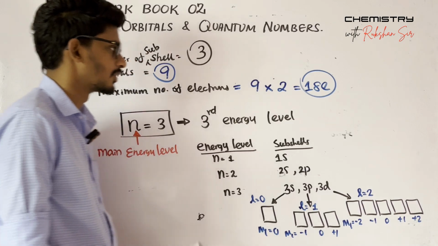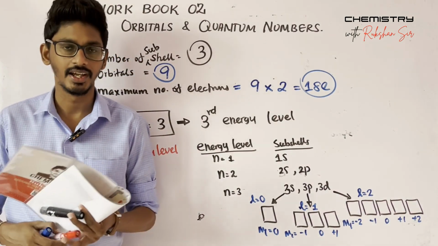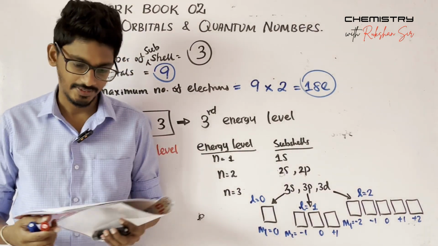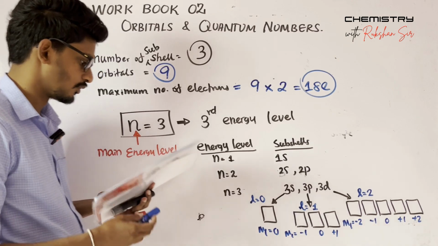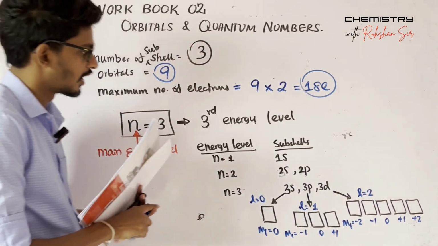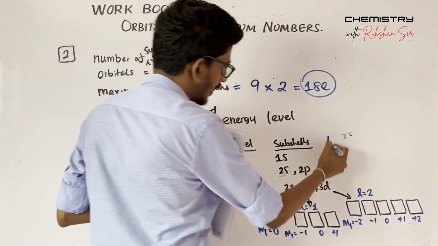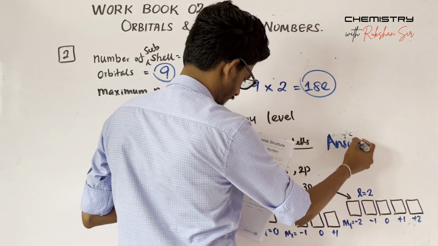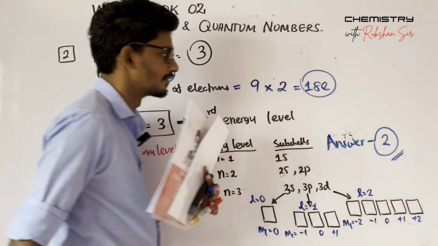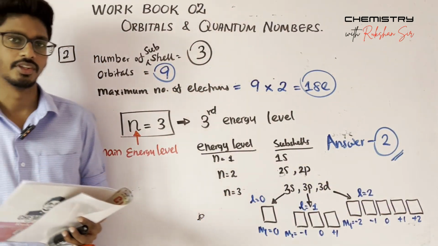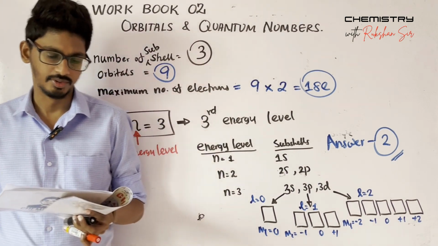So 18 electrons are possible at the third energy level. So the answer is going to be 3, 9 and 18. That means your answer is answer number 2. That is for the second MCQ.